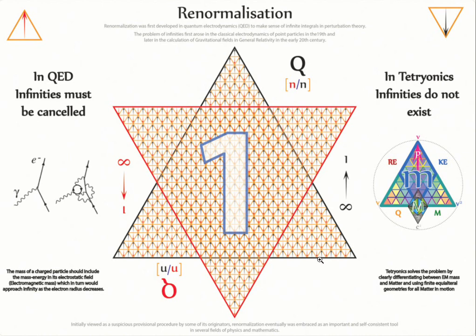Now that Tetryonics has discerned this geometry, we can in fact geometrically represent all of Maxwell's equations, and in fact all of physics and science, in terms of these equilateral energy momenta and the interaction that's produced.